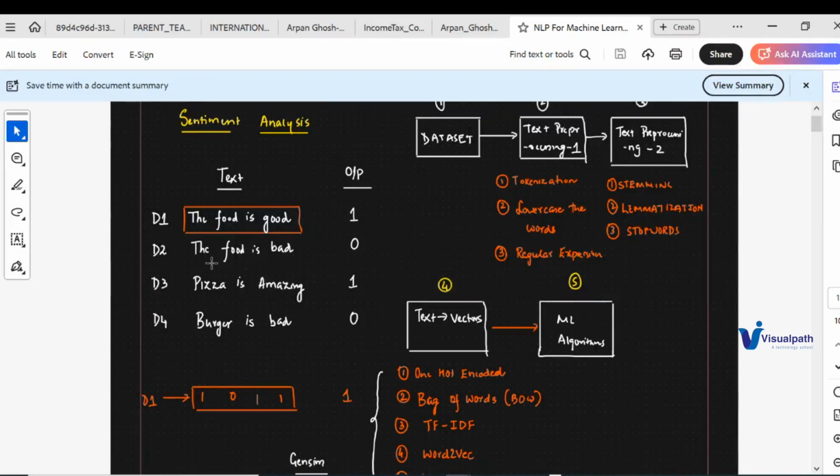Each word will be represented in the form of numerical numbers. We can call them vectors. They are represented as numbers or vectors, and that's why they are said to be a list of numbers.